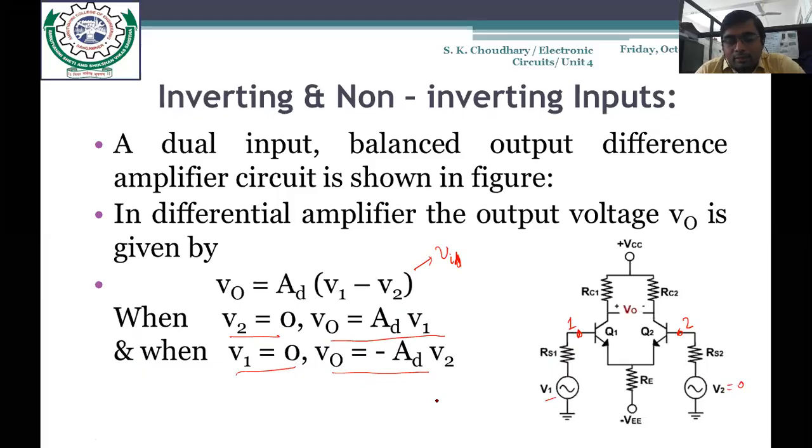So these values of output voltage give you the hint of which is the inverting terminal and which is the non-inverting terminal. Again I want to ask the question, which is the inverting terminal and which is the non-inverting terminal? What did you understand from this analysis? I will come to the answer later, but tell me from this diagram and this equation, which is the inverting terminal?